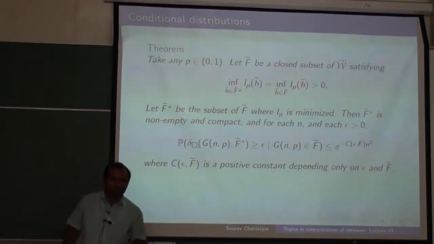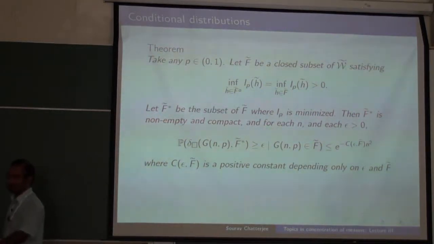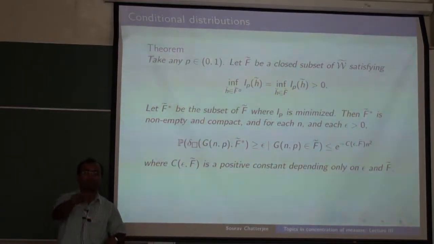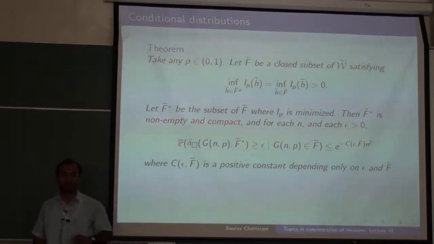So for instance, given that it has a certain number of triangles, the graph itself will be close to all graphs in that set with the given number of triangles which minimize the entropy. Okay, so that's a general large deviation conditioning principle.